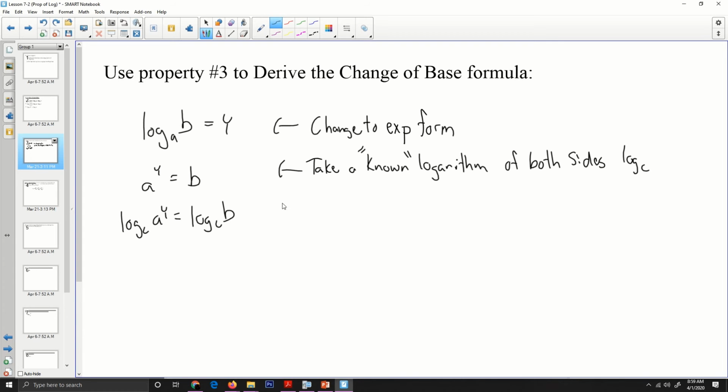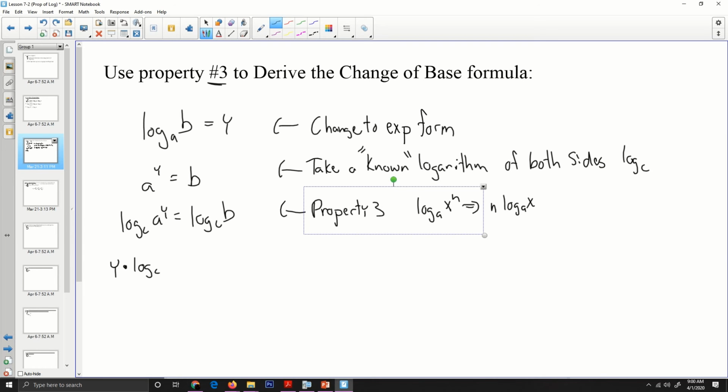And now I can use that third property, property 3: log base a of x to the n yields n log base a of x. I'm going to bring this y down. So I have y times log base c of a equals log base c of b.